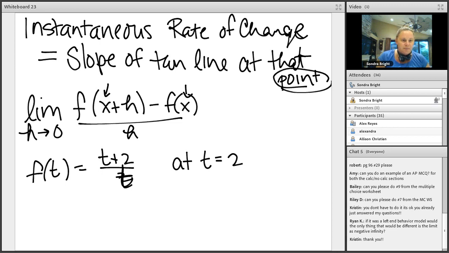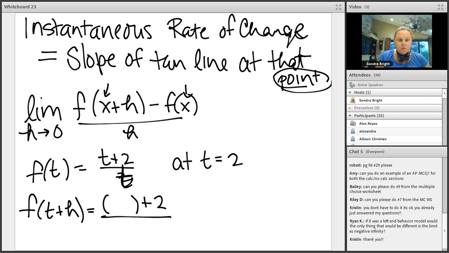So keep in mind that f of t plus h, I'm going to show you separately, would be t plus h plus 2 all over t plus h. So careful with that, t plus h, right? Because that's your function. And then f of t would be this whole thing.